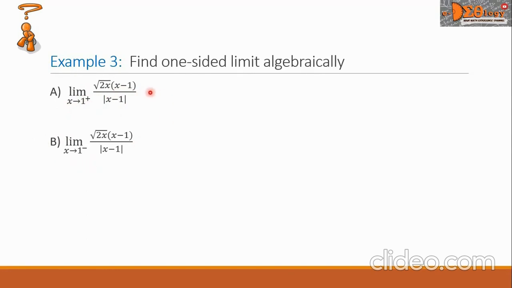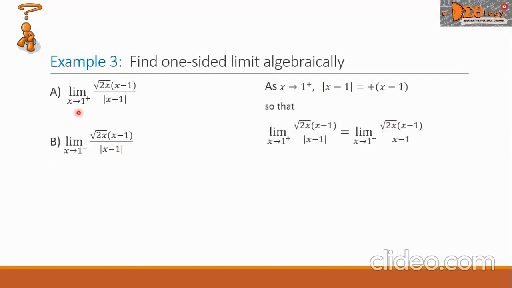Let's begin solving problem A. We say that as x approaches 1 from the right, the absolute value of the quantity x minus 1 is equal to the positive of x minus 1.